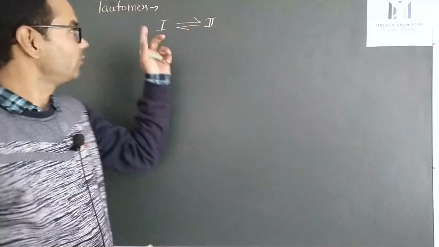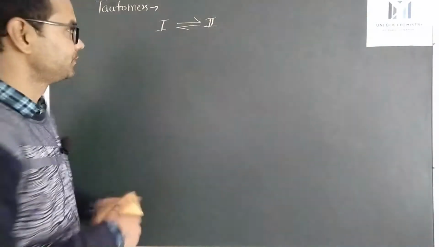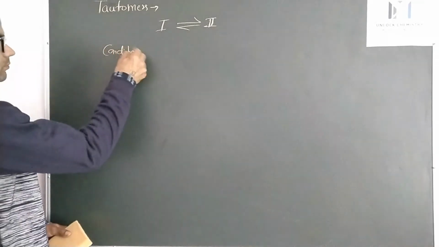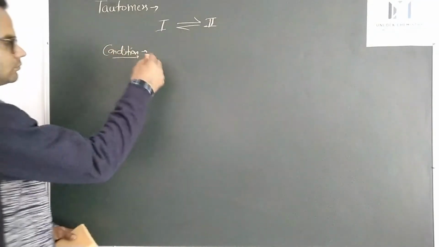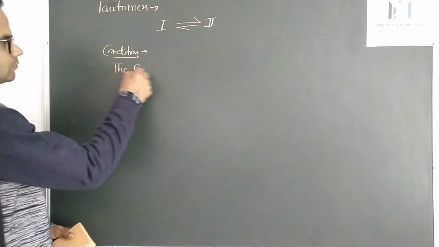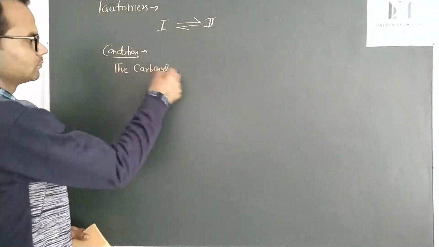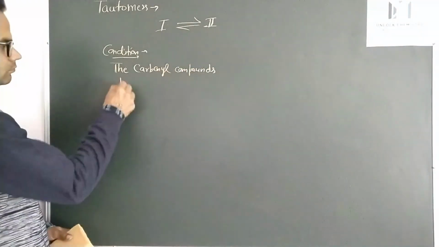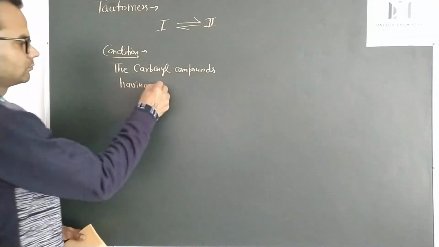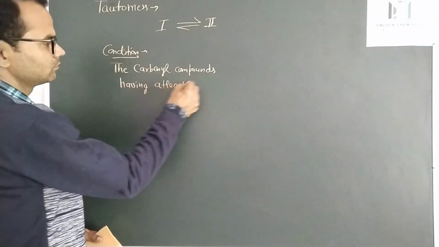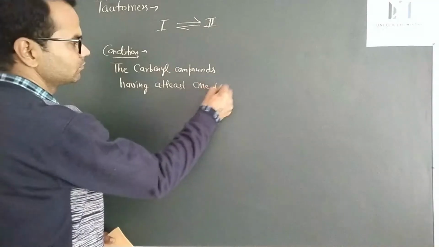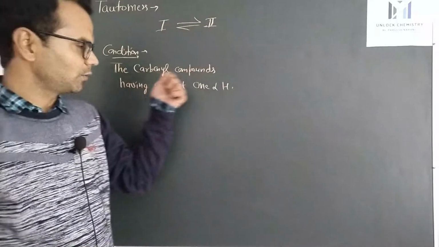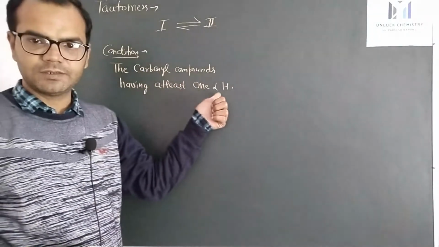So what is the condition of a tautomerization? The condition for tautomerization is the carbonyl compounds having at least one alpha hydrogen.